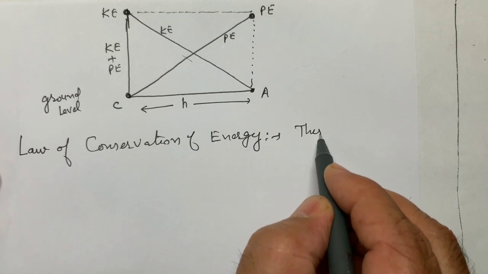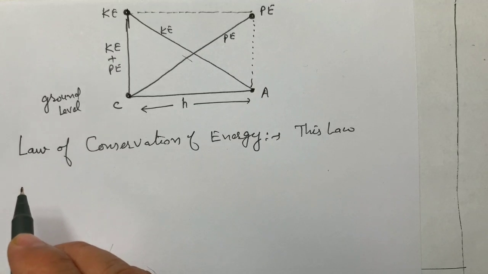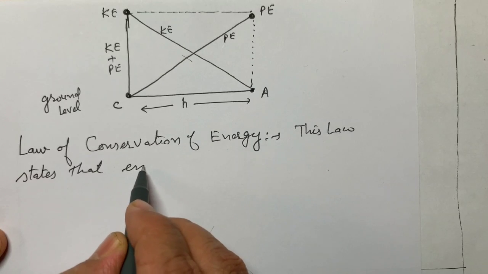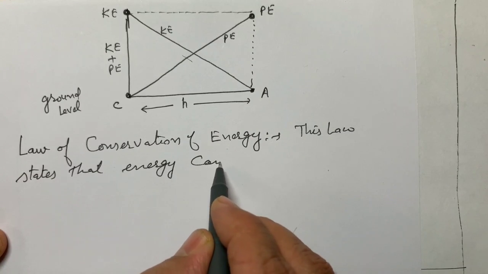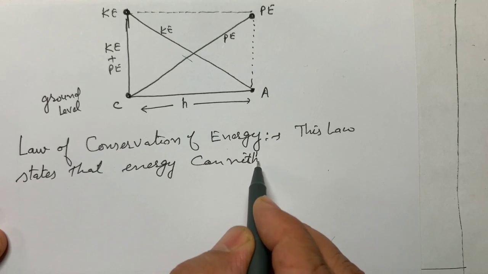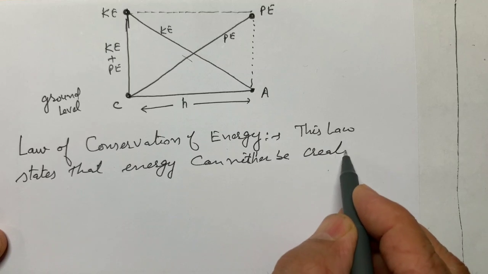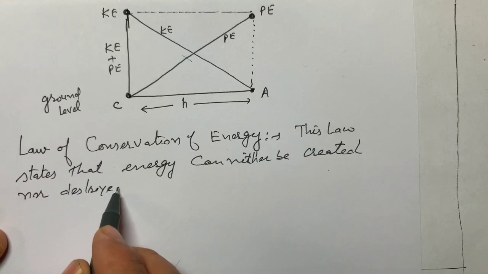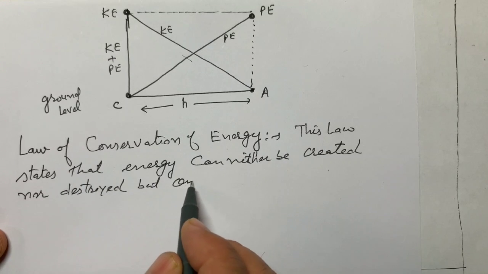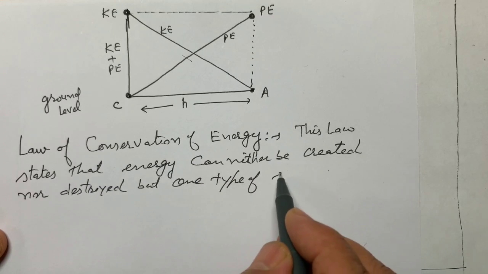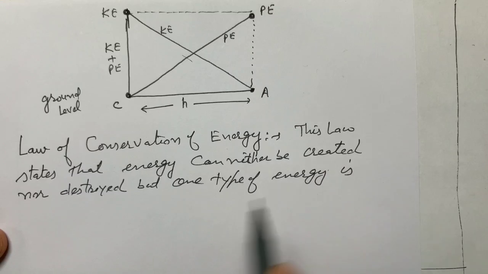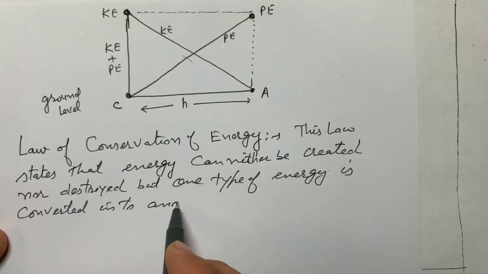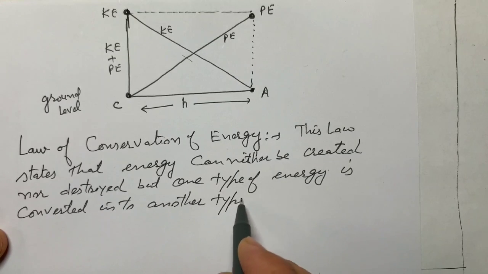This law states that energy can neither be created nor destroyed, but one type of energy is converted into another type of energy.